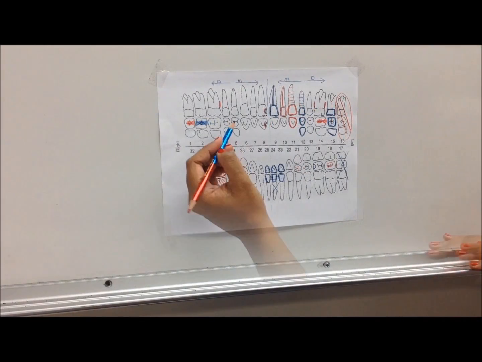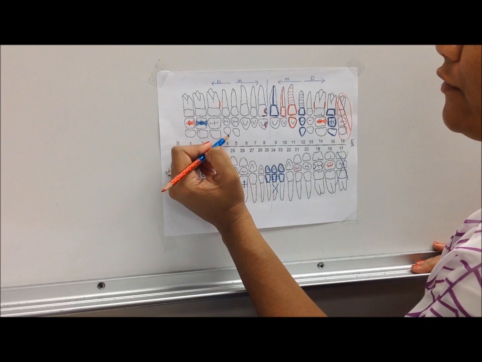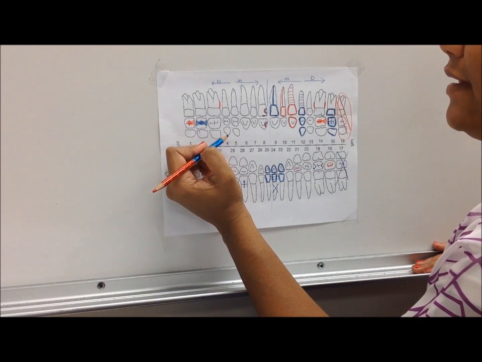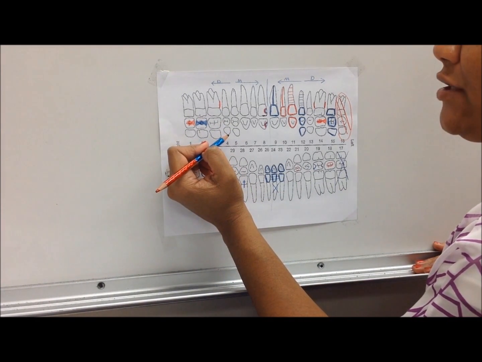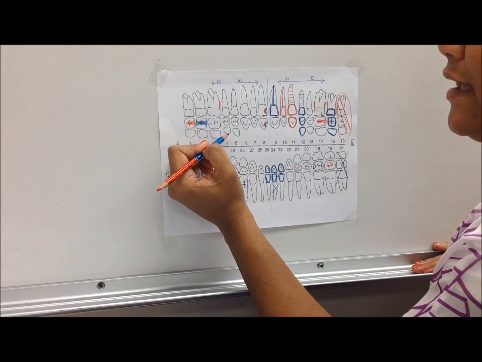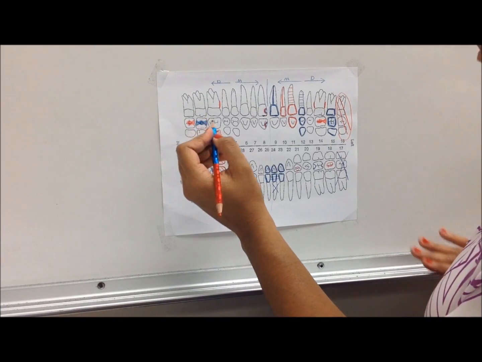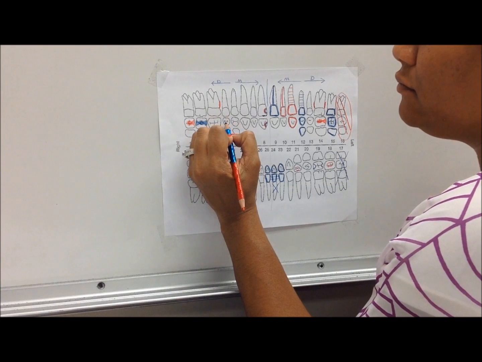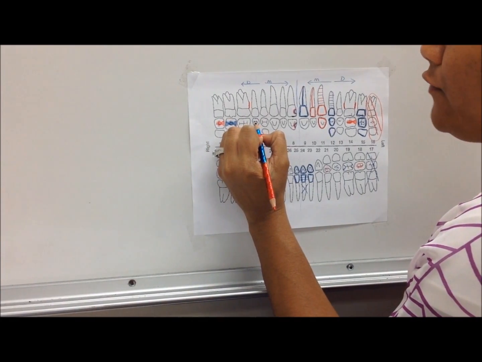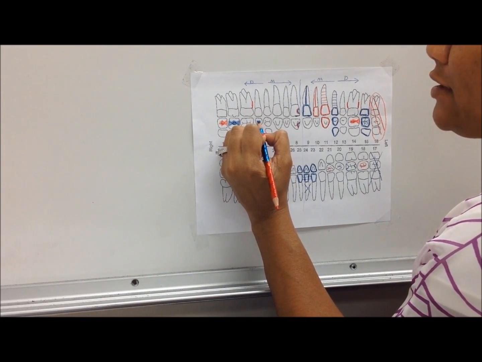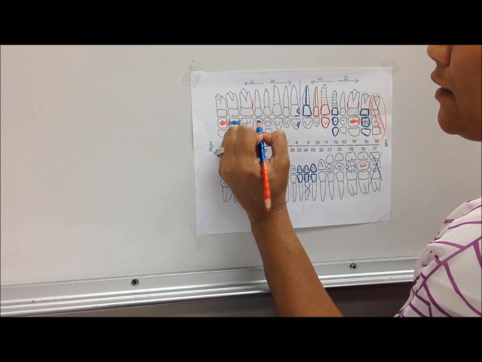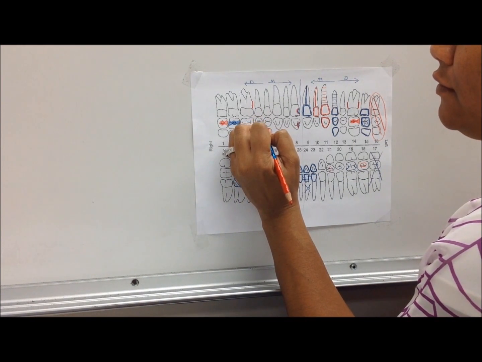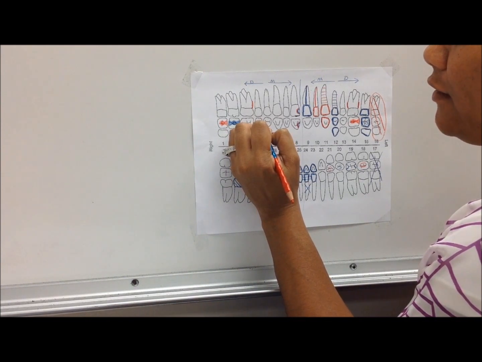Okay, so the next thing we're going to chart on number 4 is an existing amalgam restoration with overhang. And so our surfaces are mesial occlusal. So I'll chart mesial first, and it's amalgam, so you're going to fill that in. And mesial, you want to go to the mesial surface, fill that in a little bit.